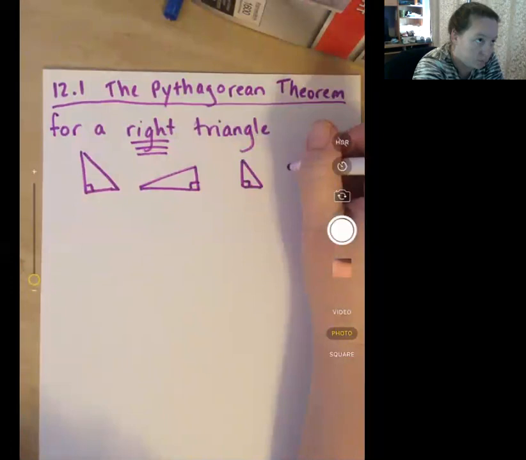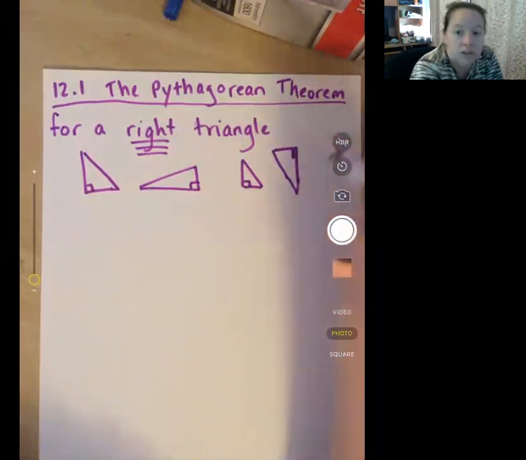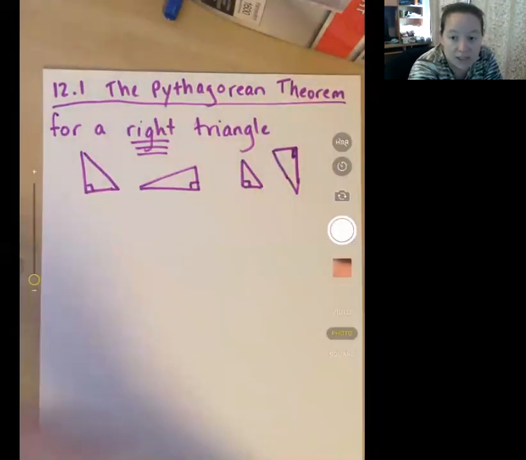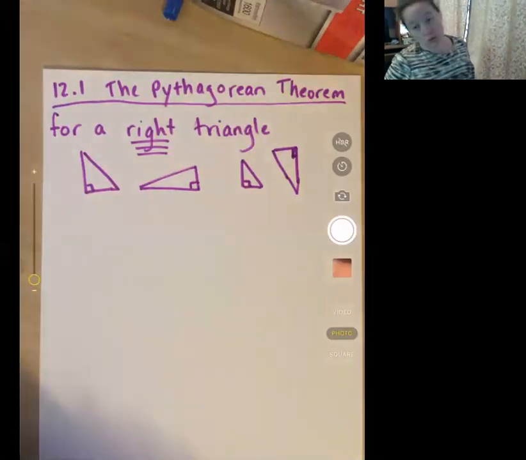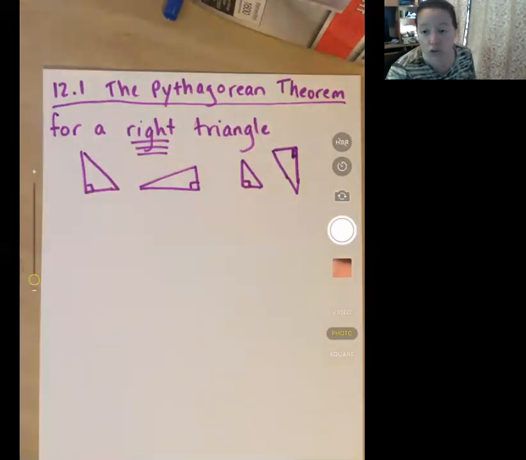Sometimes they do this. So long as it has that little box in the corner, it is a right triangle. This is only true for right triangles. This is not true for every single triangle ever, okay?